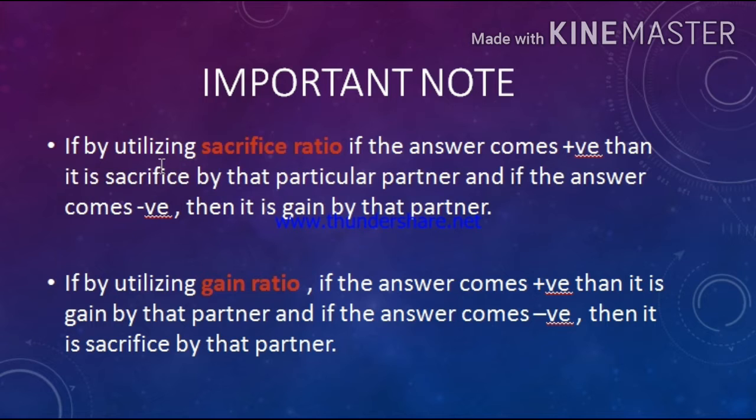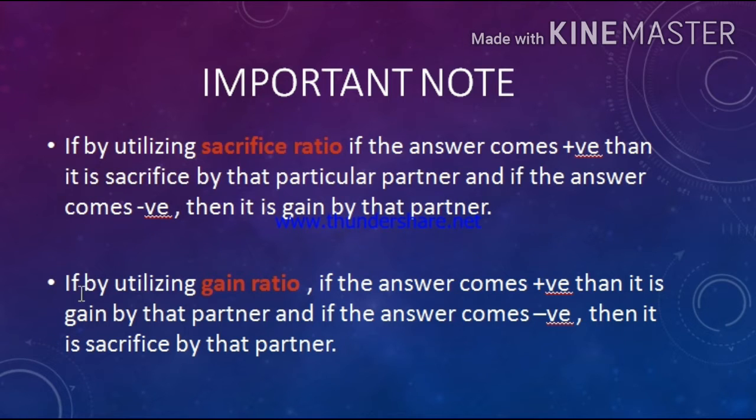Students, in the previous video, I had already explained sacrifice ratio, its formula and practical sums also. If by applying the formula old share minus new share the answer comes positive, then it is sacrificed by that particular partner. But if by applying that same formula the answer comes negative, then it is gained by that partner.